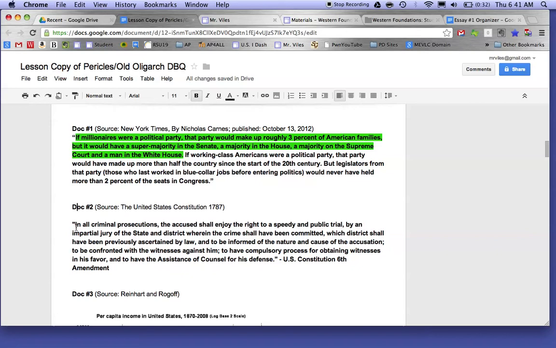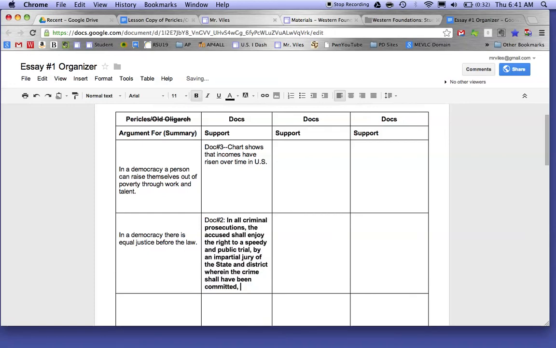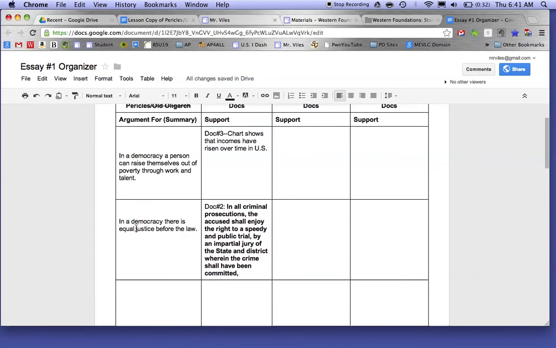So I might pull a quote from the Constitution, perhaps this quote, right to there, and maybe I'd put that quote right here and paste that right in. And again, you want at least 2, and ideally 3 pieces of support for everything you're agreeing with about Pericles or the old oligarch as you fill this chart out.